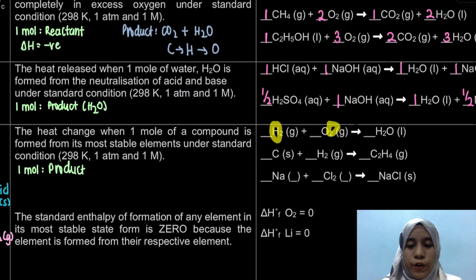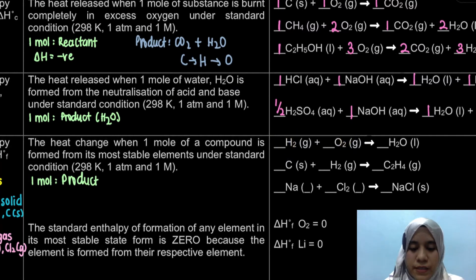But now what we're going to do is balance it. So 1 mole of product here. When 1 mole of product, make sure the reactant is also balanced. Here we have 2 hydrogen, so here also must be 2 hydrogen. Next, oxygen here is only 1, but here there are 2. So what we're going to do? Half of O2. So that's the first one.